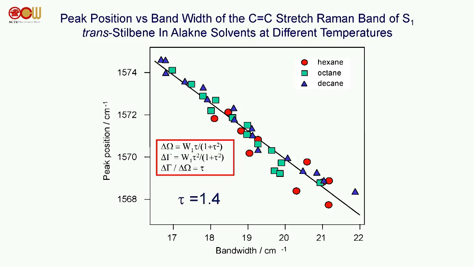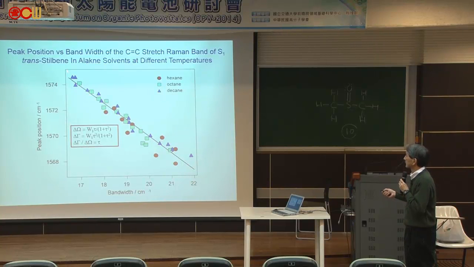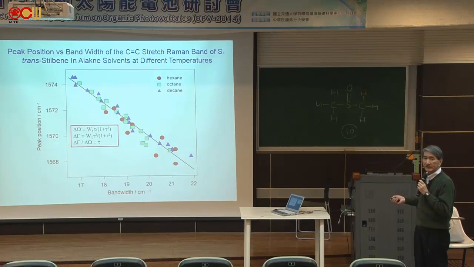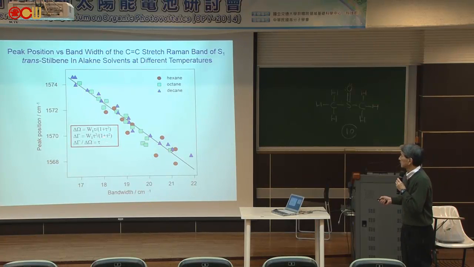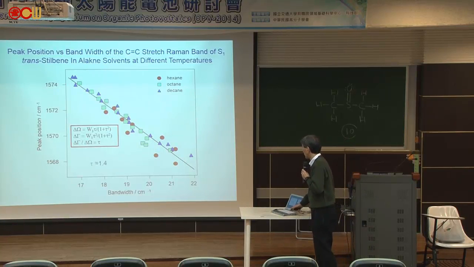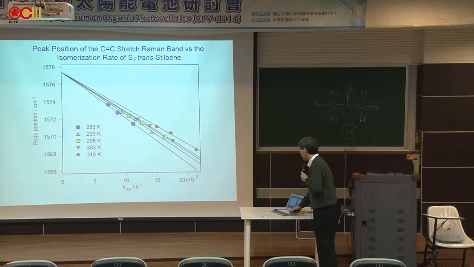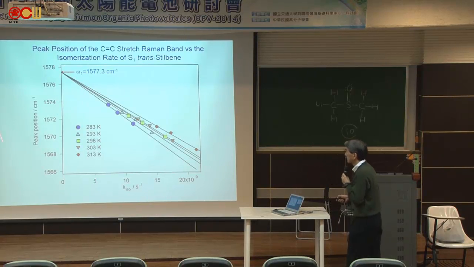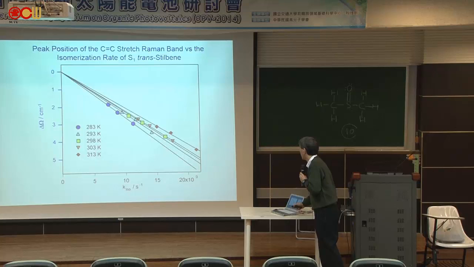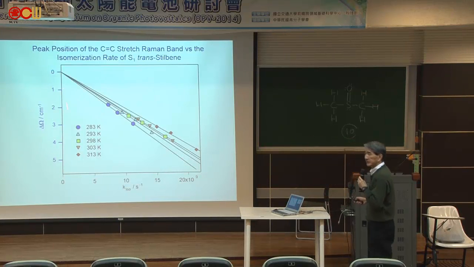Using this relationship, we interpreted the result that I showed here. From here, we know that the slope of this straight line we unexpectedly obtained is equal to tau, the ratio here. So we can determine tau, and tau is equal to 1.4. If we use that value, we can convert this peak position to peak shift.